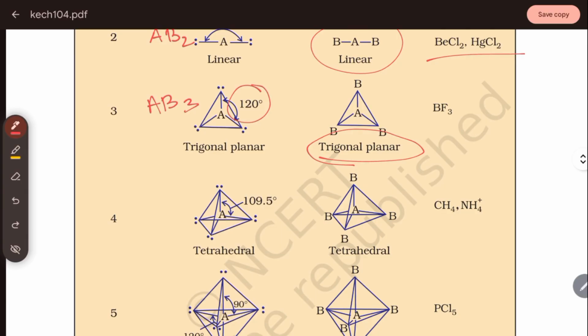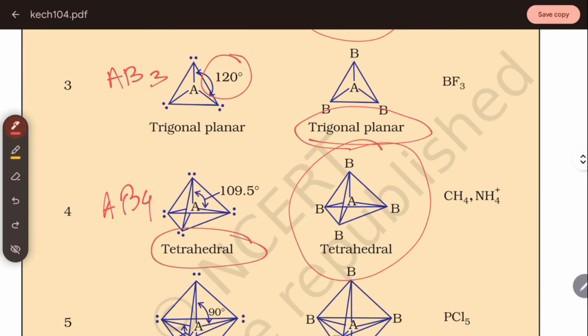Next, moving on to AB4 type, I said tetrahedral geometry, and this is the regular tetrahedron. Why am I using the term regular tetrahedron? Because the central atom is surrounded by the same atoms, all are B. So the geometry is not distorted, it's a regular geometry.